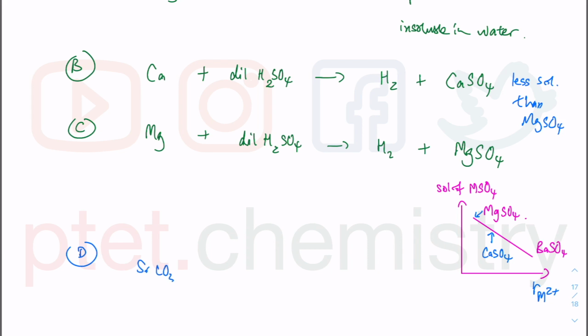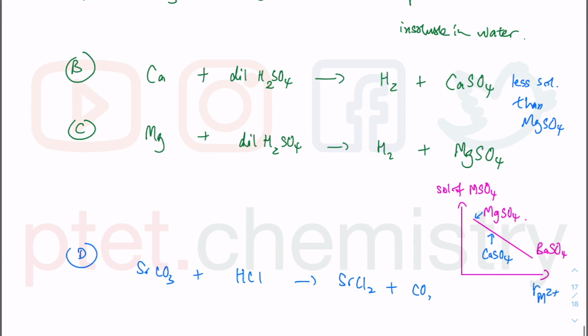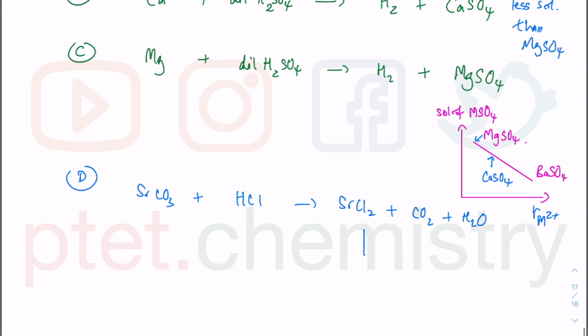Okay, let me go through part D as well. So you get strontium carbonate, and I get dilute HCl. I will get a salt, strontium chloride, and I will get carbon dioxide and water. So what do we know? We know that this is soluble in water. I don't think the chlorides have any problem at all, including magnesium chloride, calcium chloride, everything down should be soluble in water.